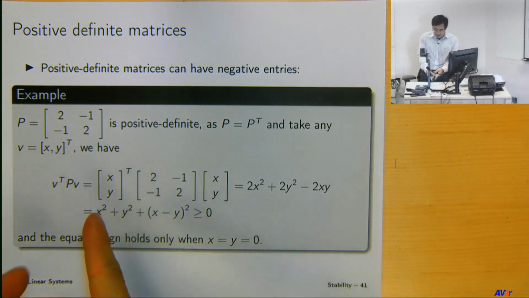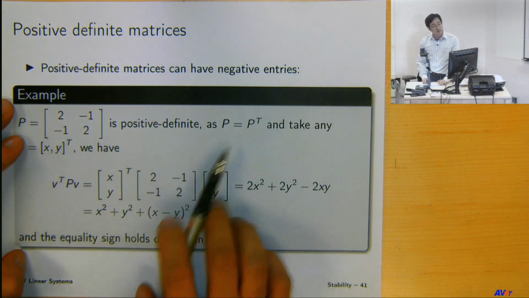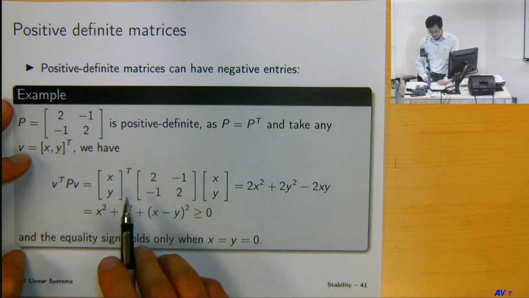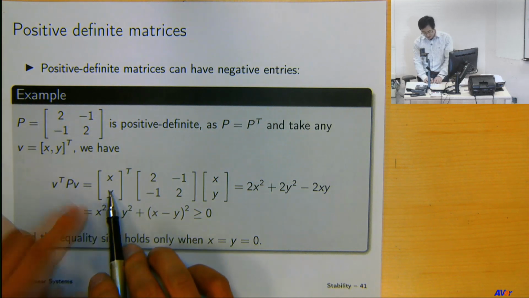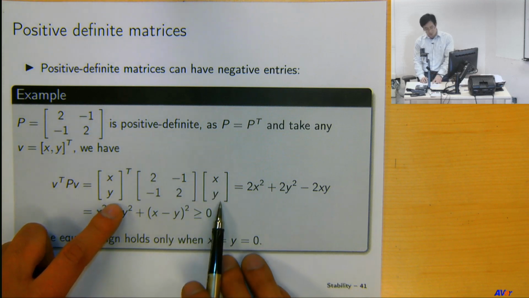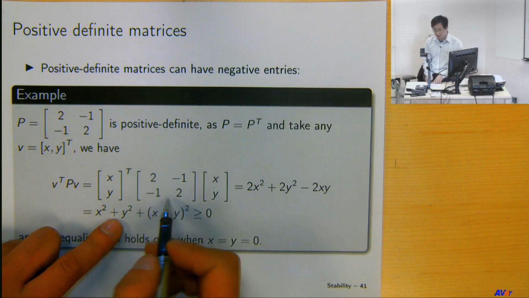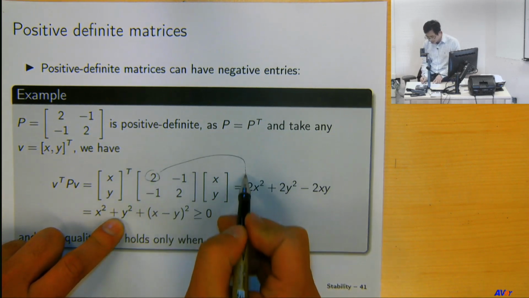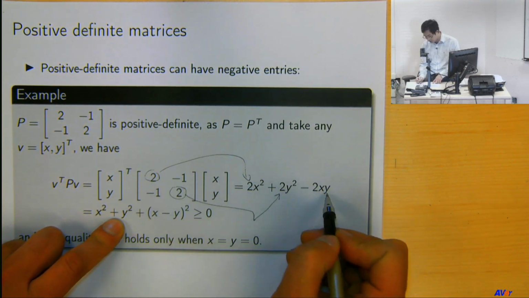So take a look at this example: 2, 2, negative 1, negative 1. It is positive definite, although the entries contain negative values. Let's do a verification. If you have a vector transpose times this matrix times a vector, recall how these are computed. The diagonal elements contribute to the square terms. The off-diagonal elements contribute to the cross product terms.